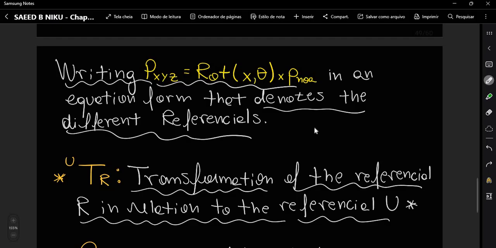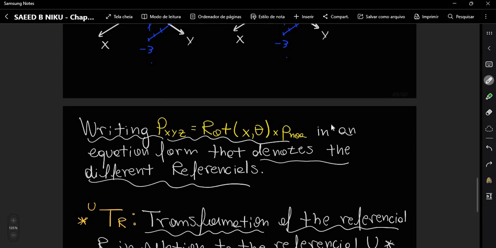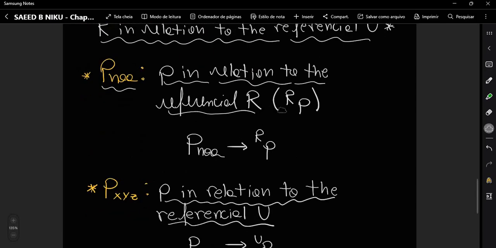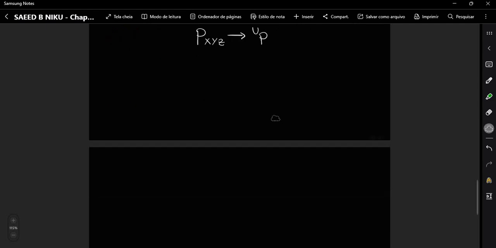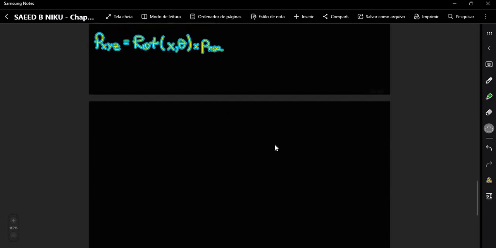So we can write this equation in another form, and it's going to be the form that we have been using throughout this book, throughout this series of videos.